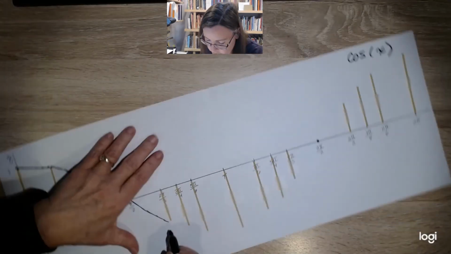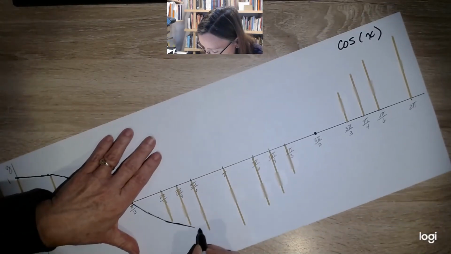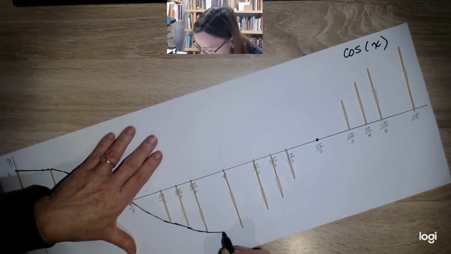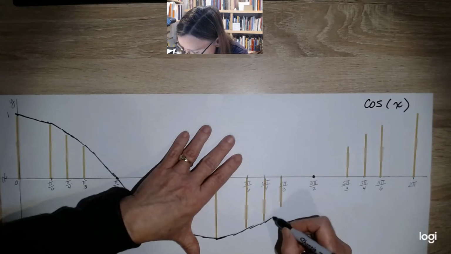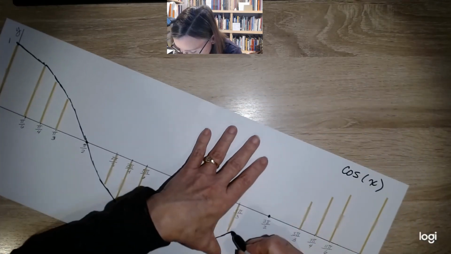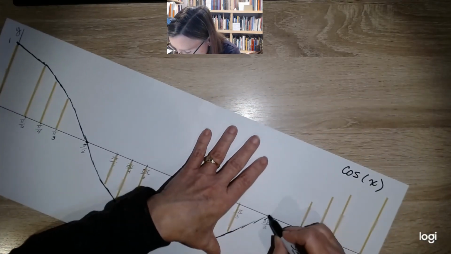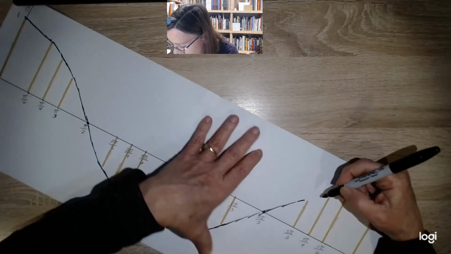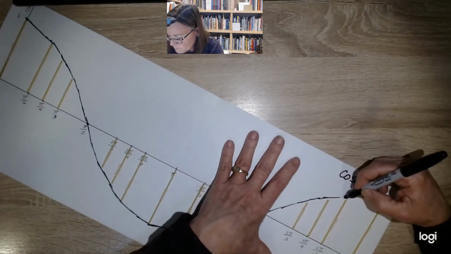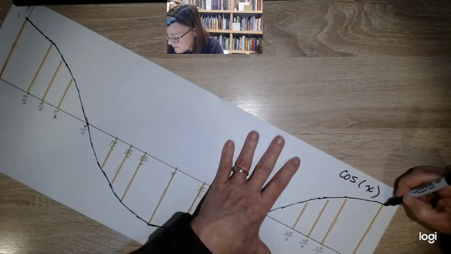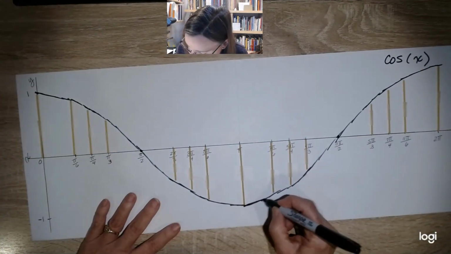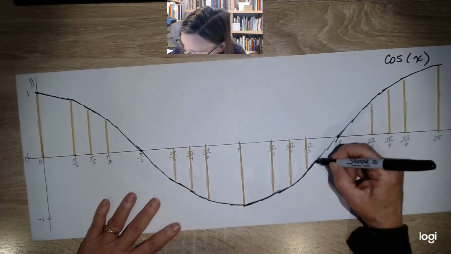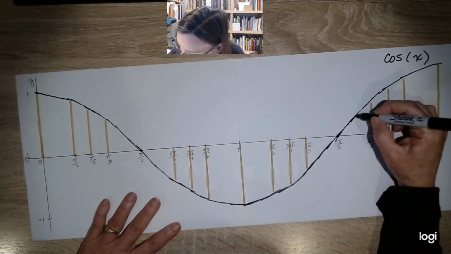Everything is curved here. If you did a nice job measuring, you're going to get a very nice approximation of your sine and cosine curves. And there we go. Pretty good there. I can fill it in a little bit more, but that's the idea.